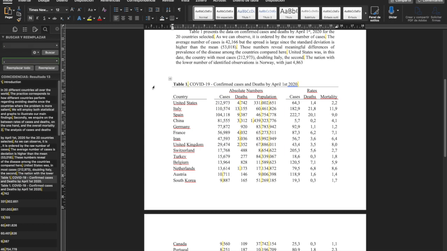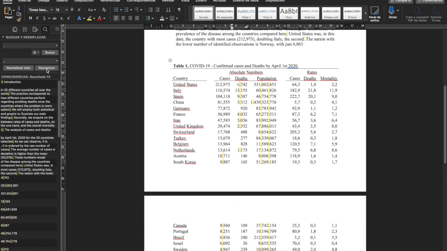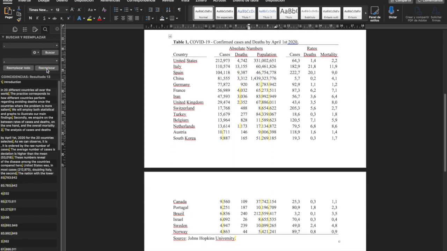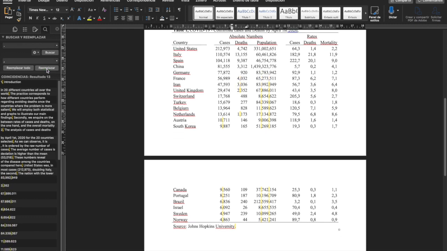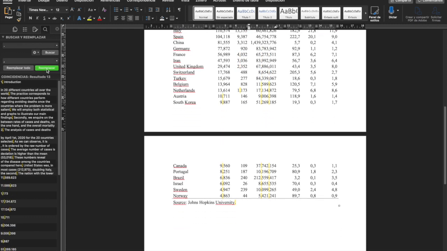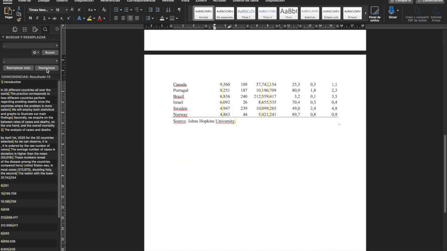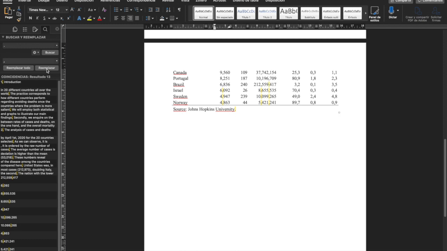I'm just selecting here. Sure, there is an easier way to do this, but let's do this. That is easier than replacing everything by hand.